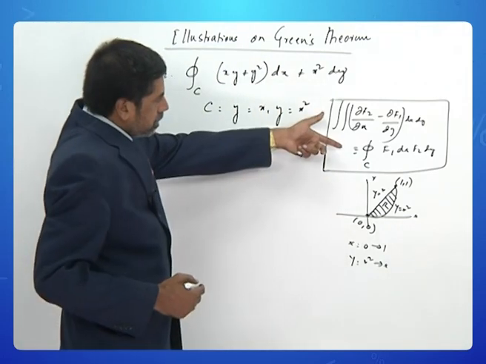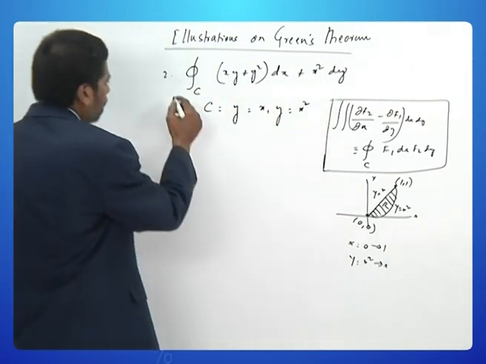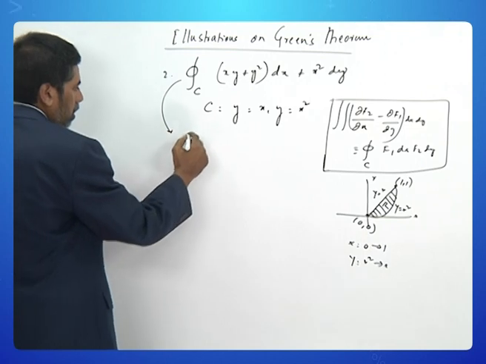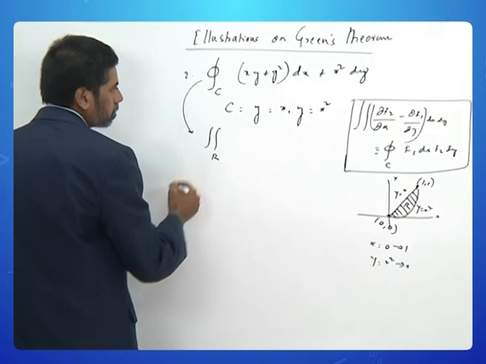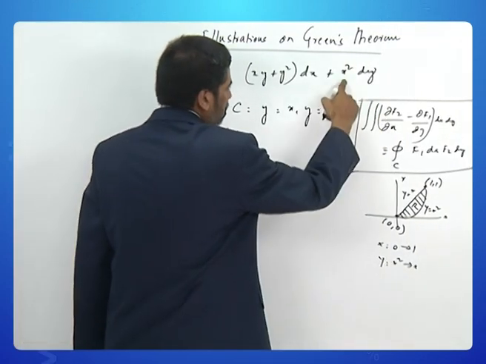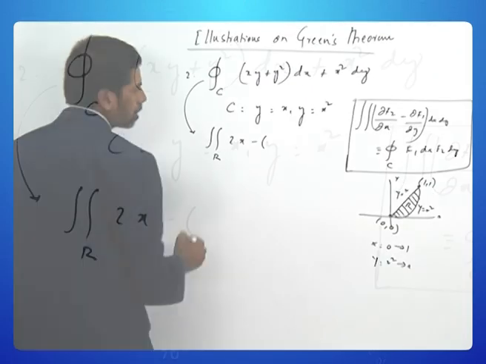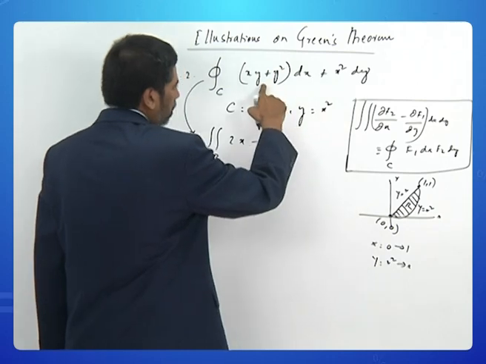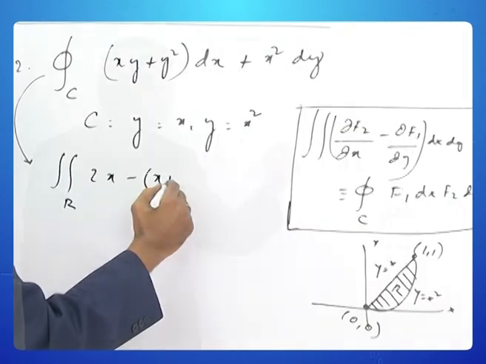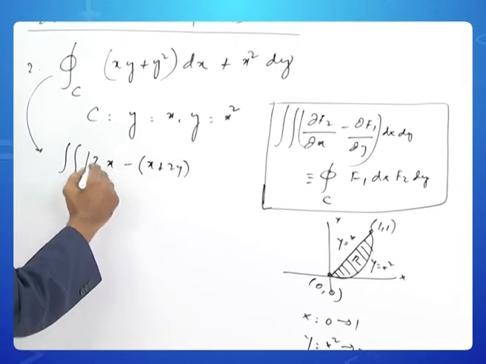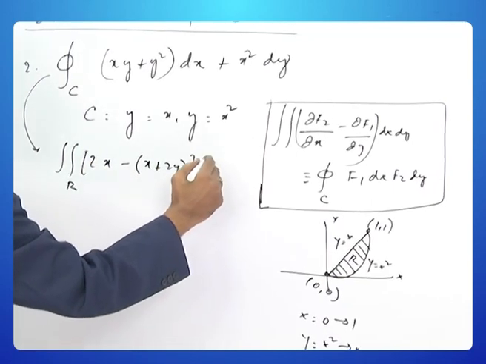So using the statement of Green's theorem, let us convert this. This is the double integral over R of (∂f2/∂x, that is 2x, minus ∂f1/∂y, which is x + 2y) dx dy.